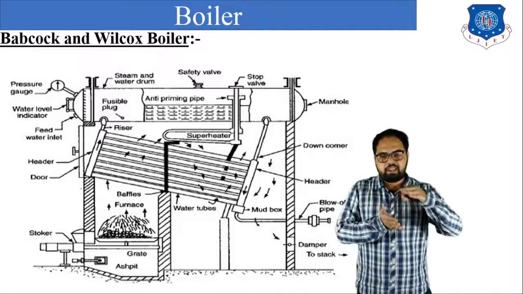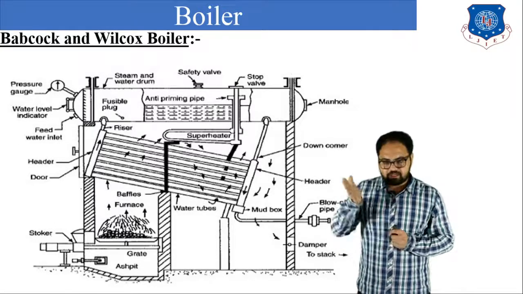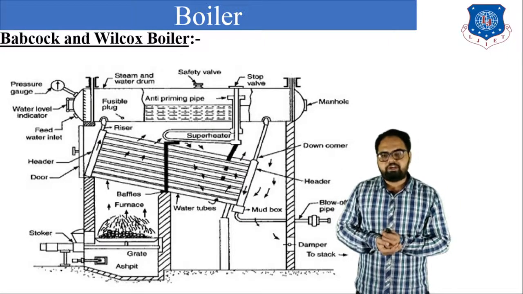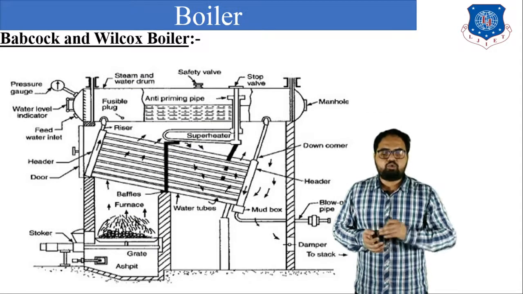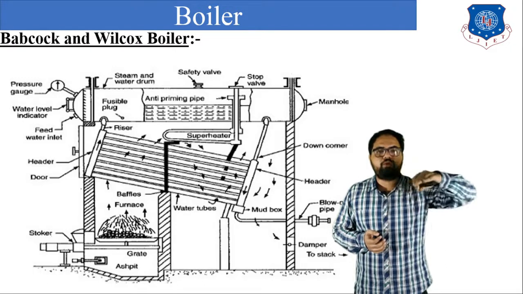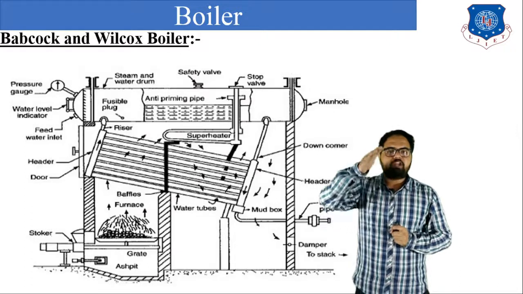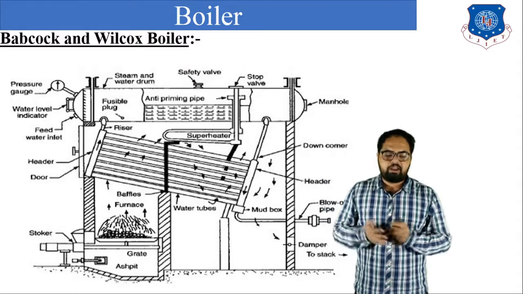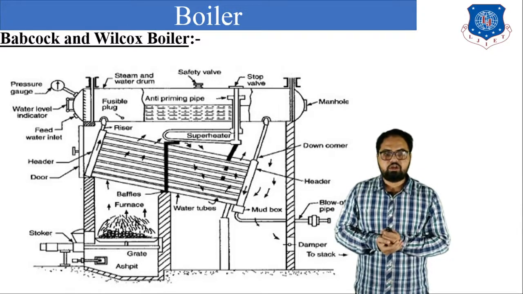The inclination angle of these water tubes is more than 15 degrees. The baffles are there to make the hot flue gas flow in a sine wave form, so that each and every water tube comes in contact with the flue gases, and we can transfer the maximum amount of heat energy to the water.